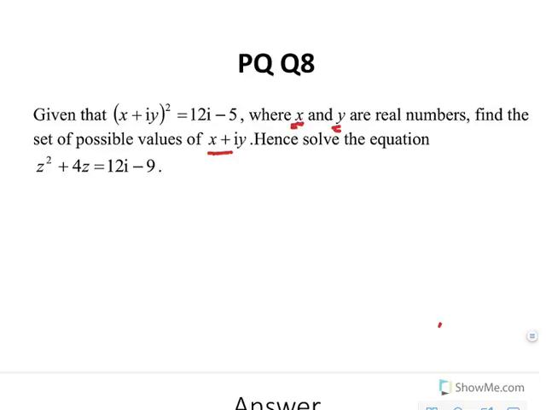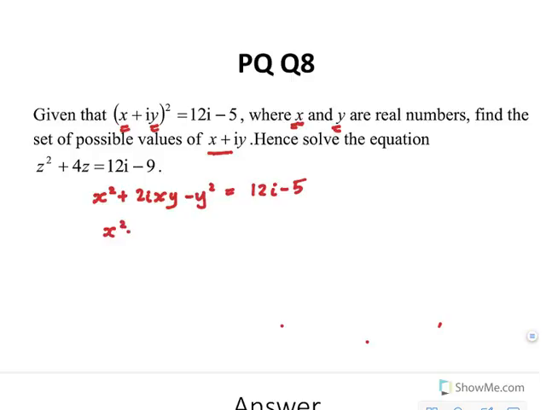After that we equate the real and imaginary parts. So first, you see that x and iy are stuck inside a bracket, so we can expand. If we expand, we will have x², plus 2ixy, plus i²y², which is minus y², equals 12i − 5.